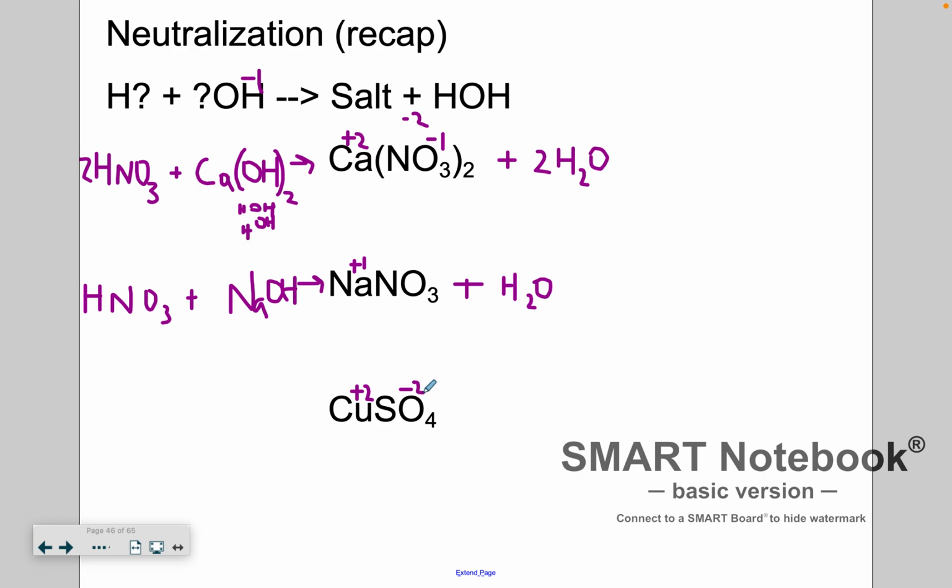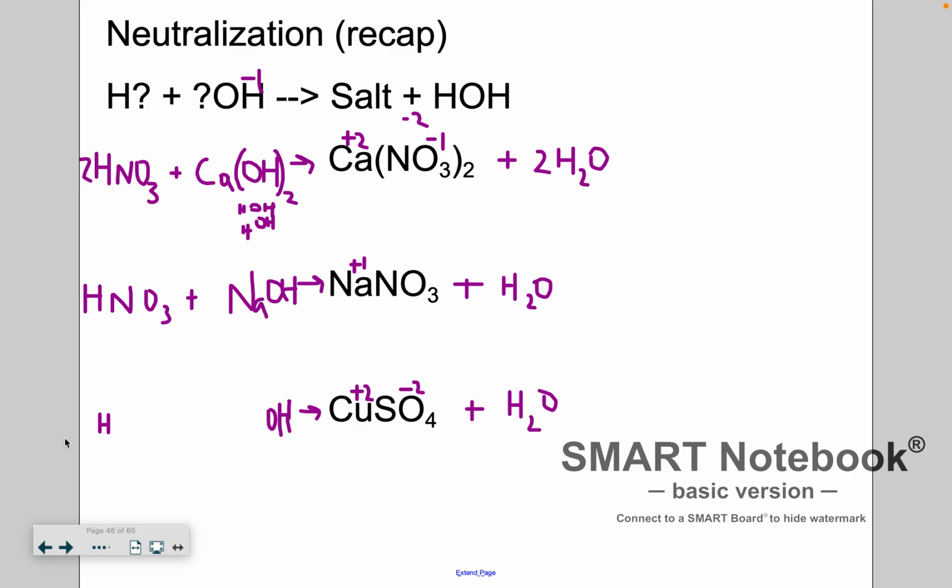All right, so in a neutralization reaction, I'm going to form water. And that water forms from the OH of the base and the hydrogen in front of the acid. Okay, so split the salt.